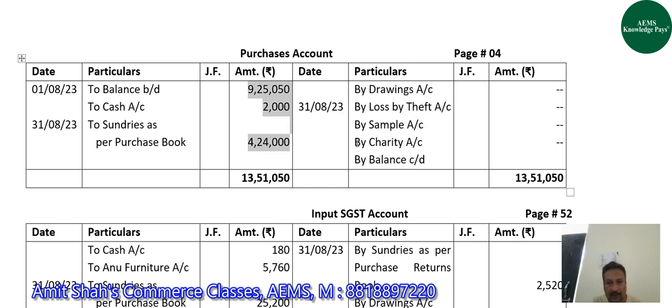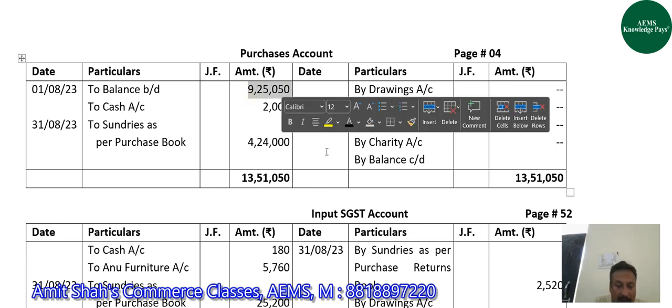Why? Because we do not have anything on the credit side. And the total of the debit side we have already calculated, that is 13 lakh 51,050. This balance was not given to us in the question. This I wrote earlier to make you understand how purchase account is made, right?